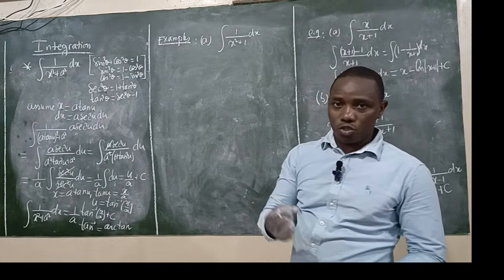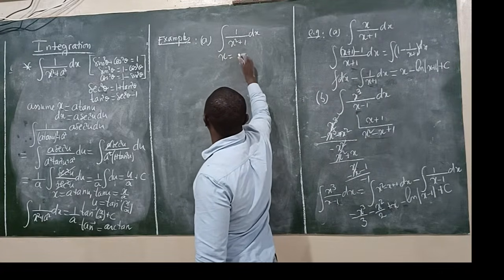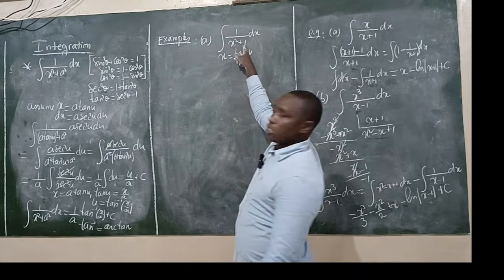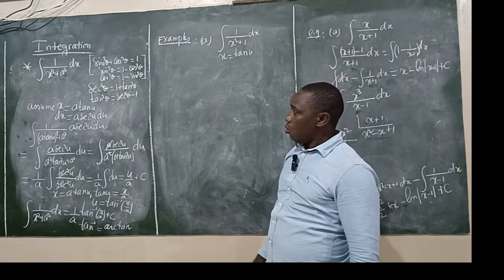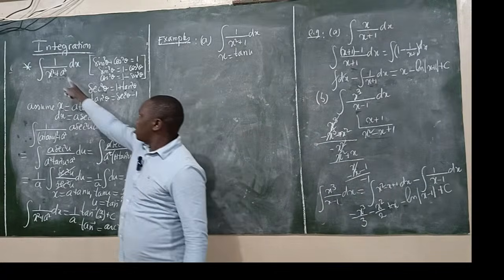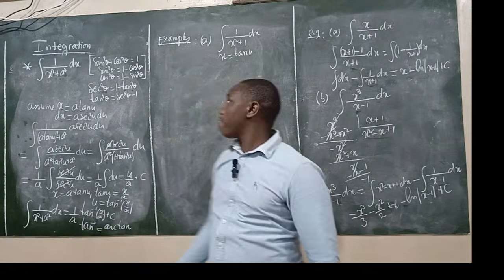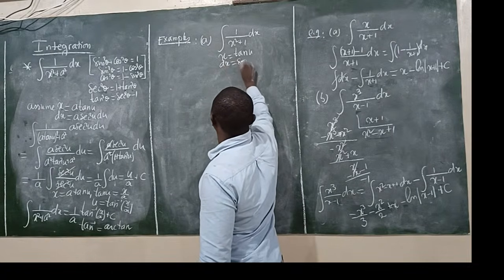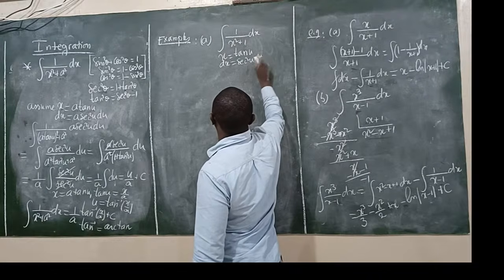We start assuming x to be tan u, because here is 1, the square root of 1, that is 1. As I told you, we take the square root of this number times tangent ratio. Okay? Now, dx is going to be sec squared u du.